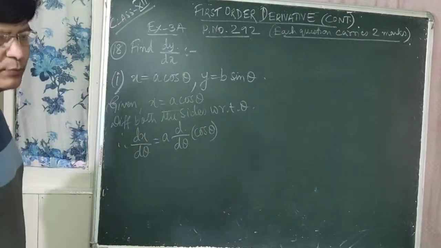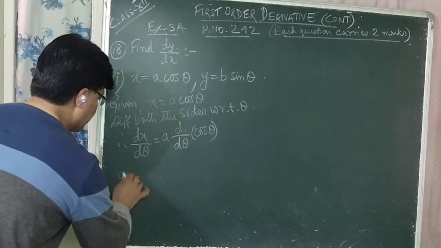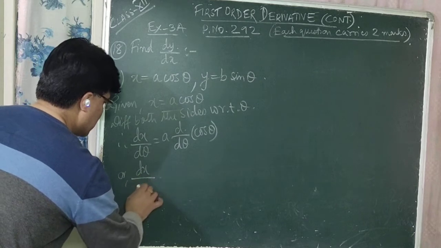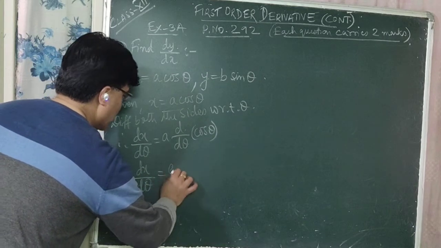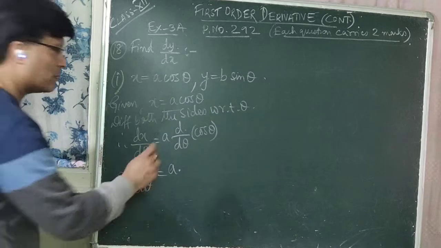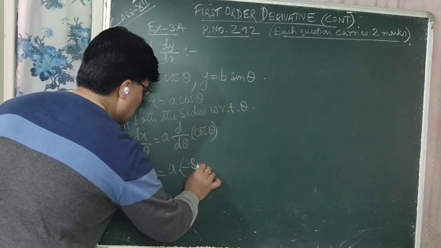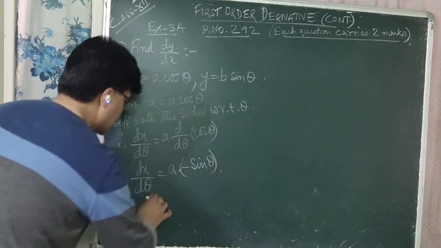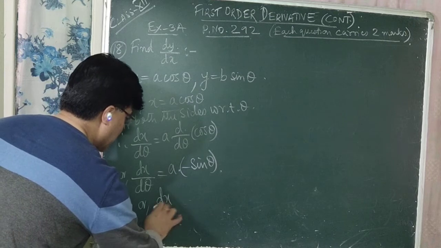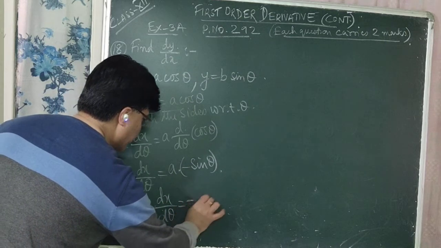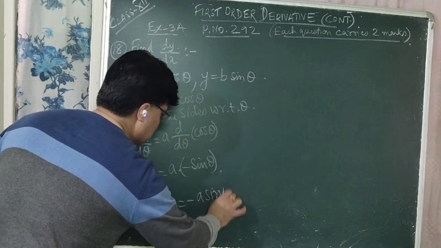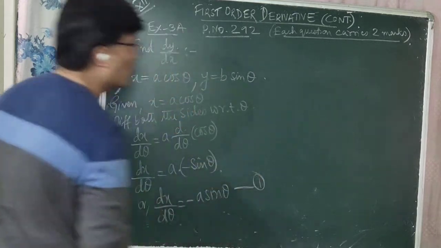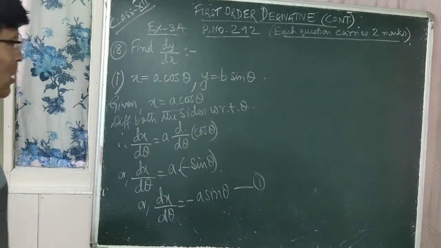What is the differentiation of cos theta? It is minus sin theta. Or dx by d theta is equal to minus a sin theta. Let us mark it number 1.